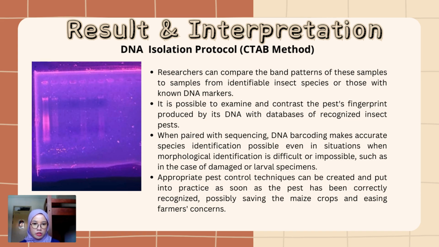When paired with sequencing, DNA barcoding makes accurate species identification possible even in situations when morphological identification is difficult or impossible, such as in the case of damaged or larval specimens. Appropriate pest control techniques can be created and put into practice as soon as the pests have been correctly recognized, possibly saving the maize crop and easing farmers' concern.